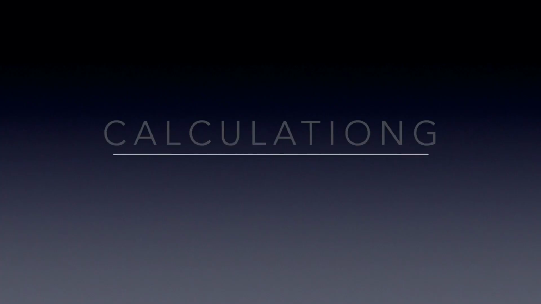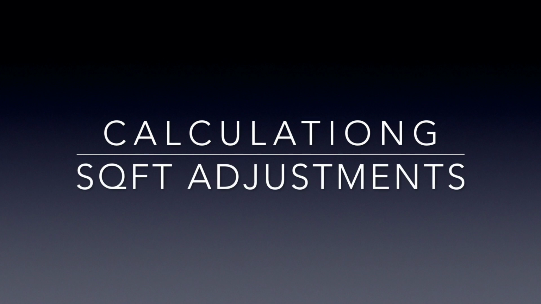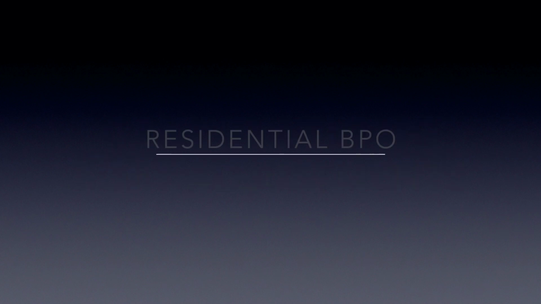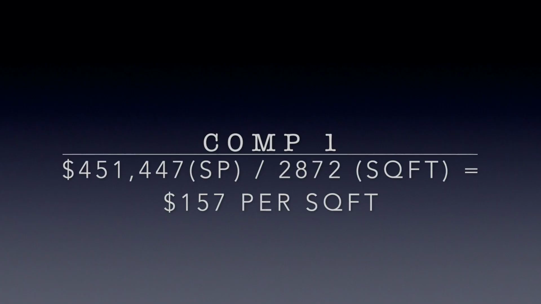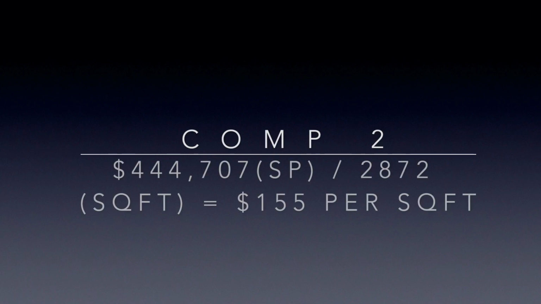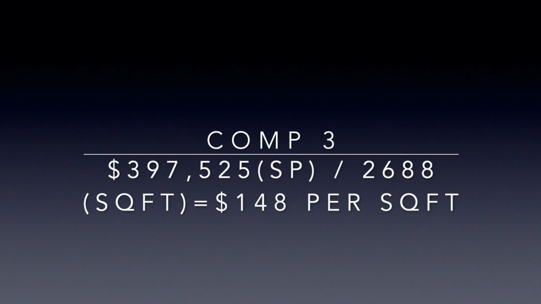Square footage adjustments. The way that I do square footage adjustments is, if say I have 5 sales in the report, I take the average price per square foot by averaging all 5 of those, and then I start somewhere. I usually go 25 to 50% of whatever the average price per square foot is.